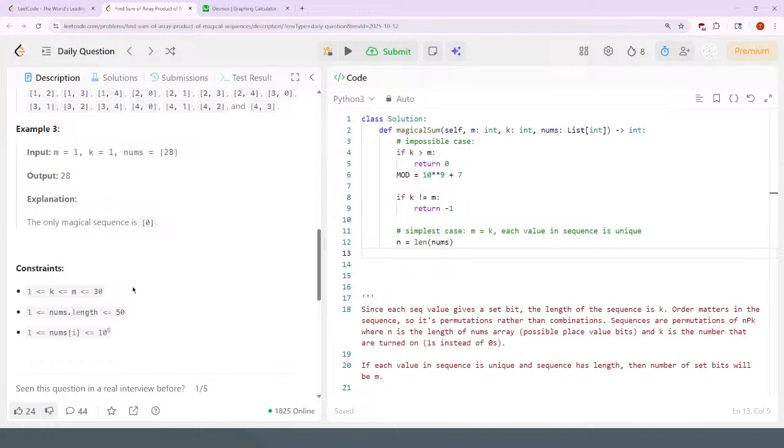NPR is n factorial over n minus r factorial. So the biggest it could be would be 50 times 49 times 48 all the way down to 21, since 50 minus 30 is 20.